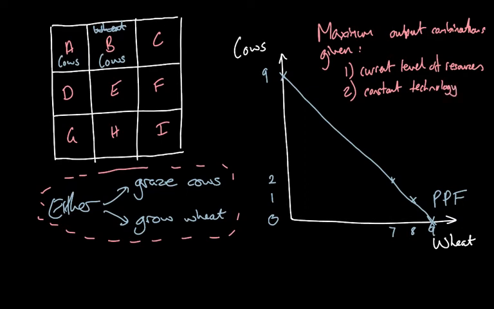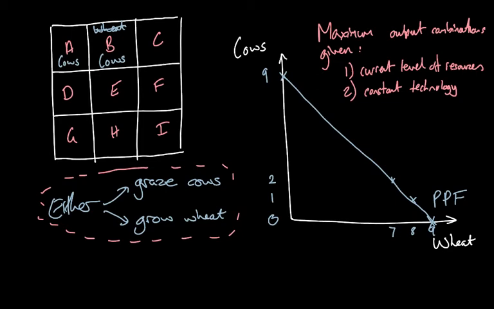Now, what we can think about there, for instance, is if he were to add another field, that would obviously alter this line. So this PPF is only true when the amount of resources available, in this case the amount of field space, remains constant, and that's what that line shows us.